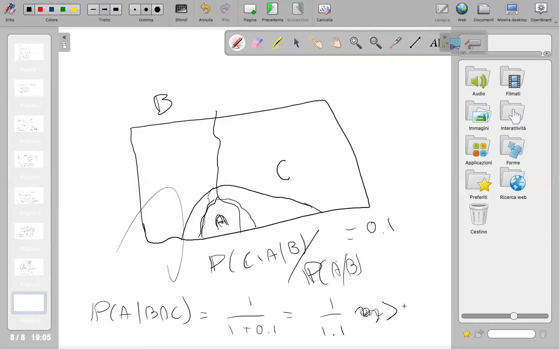It will be bigger than 0.9, I guess. So this is a fallacy in judicial proofs.